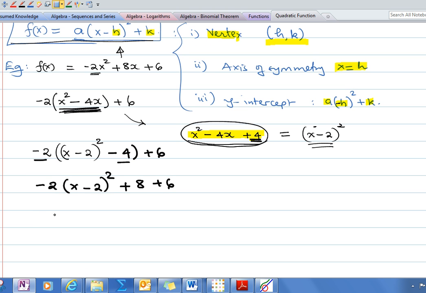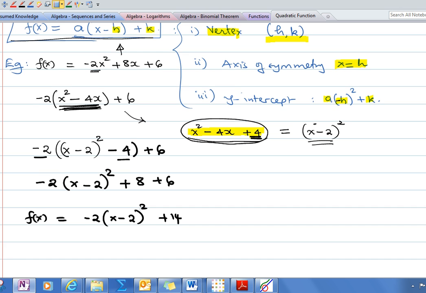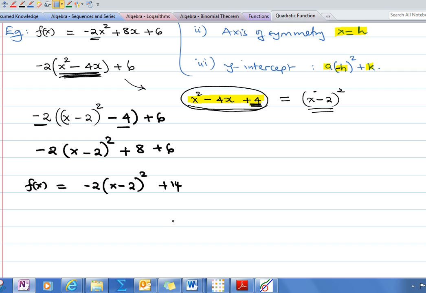That should leave me with the expression f of x being the same thing as negative 2(x minus 2) squared plus 14. And that means that in the turning point form, that function f of x is equal to negative 2x squared plus 8x plus 6 is the same thing as that.